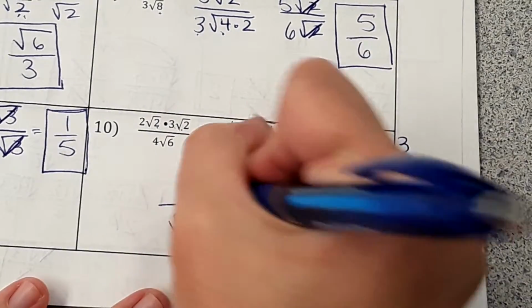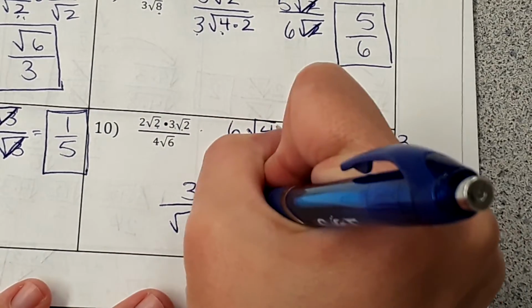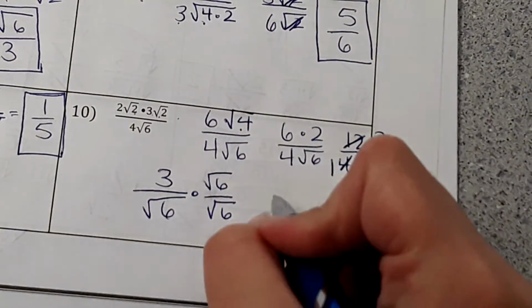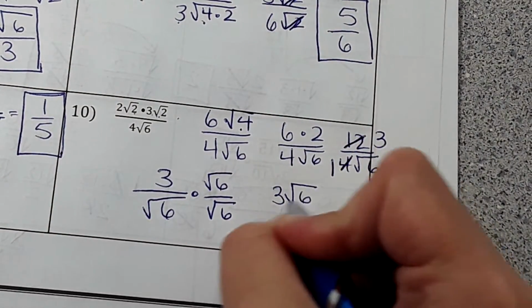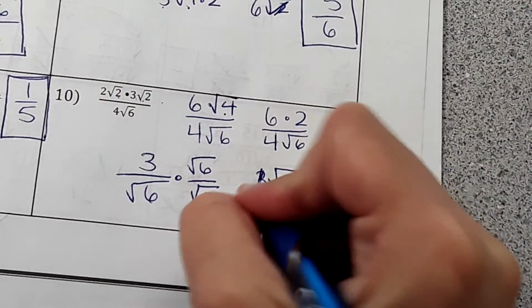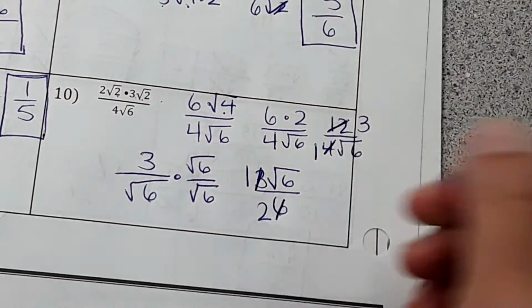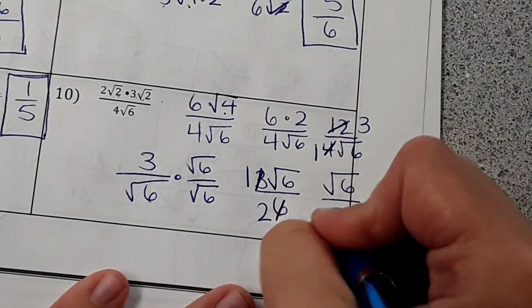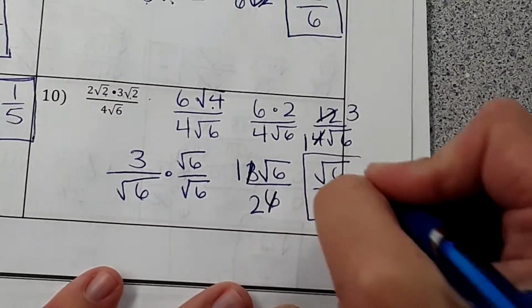Then get rid of the square root of 6 on the bottom. And then I need to simplify the 3/6. So divide by 3 to get 1 and divide by 3 to get 2. And we're left with square root of 6 over 2. And that's it.